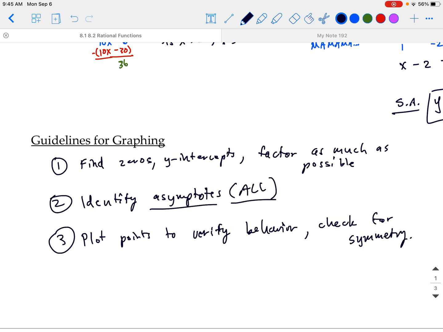Note for asymptotes, this is going to be all the asymptotes, so slanted asymptotes or horizontal and vertical, everything together. And holes, so holes in our graphs as well.